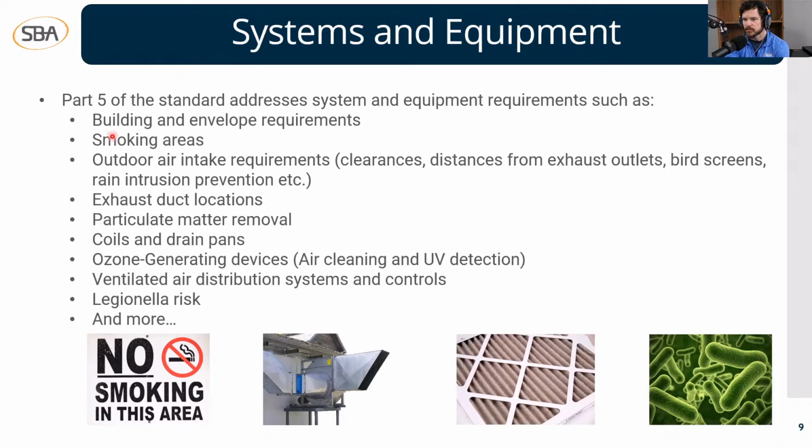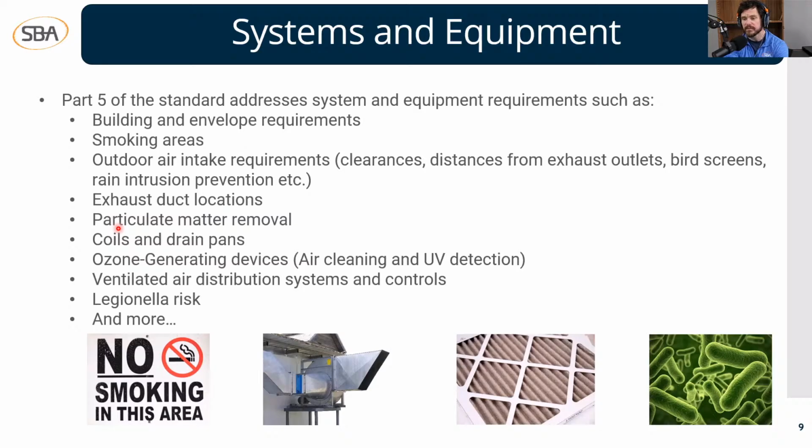So we have our building and envelope requirements. We have our smoking areas. We have our outdoor air intake requirements. So that's our clearances, distances from exhaust outlets, bird screens, rain intrusion prevention, etc. We have our exhaust duct locations.